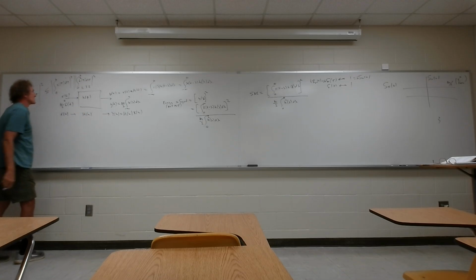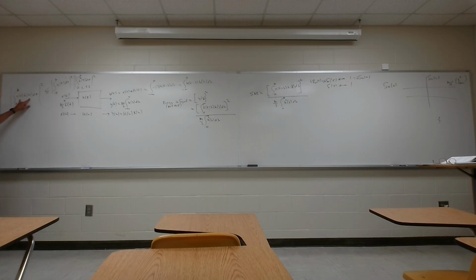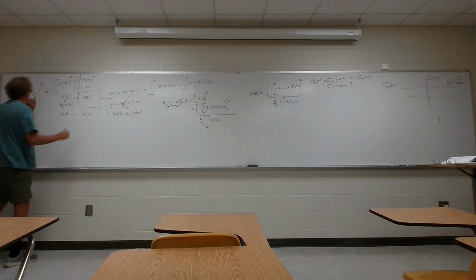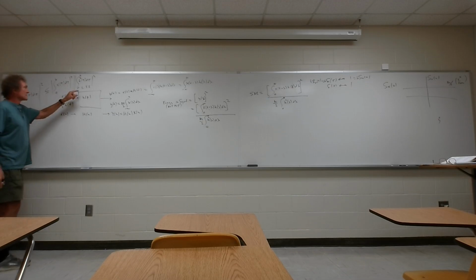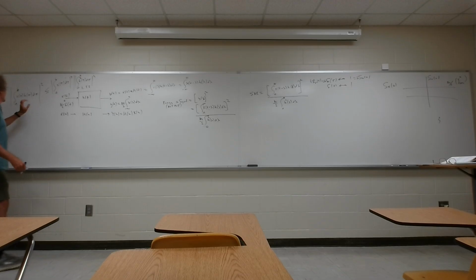So the only thing it's doing is saying, if you have two functions multiplied together and you integrate over a range, then you can basically say this value is going to be less than or equal to the integral of the first function over that range squared, times the second function over that range squared. And by the way, the whole thing is squared. That's the Schwartz inequality, and it's in the book.